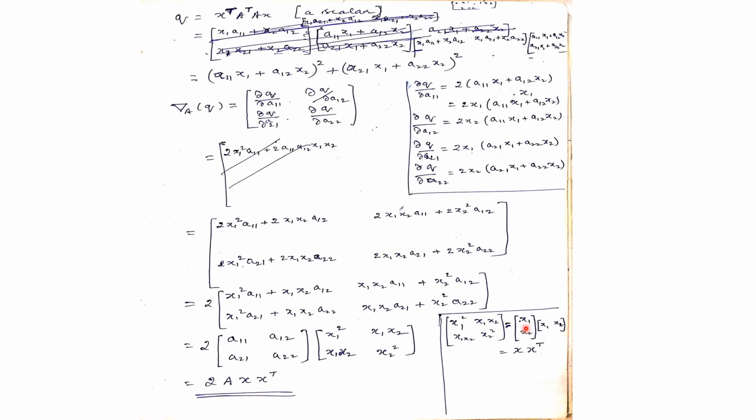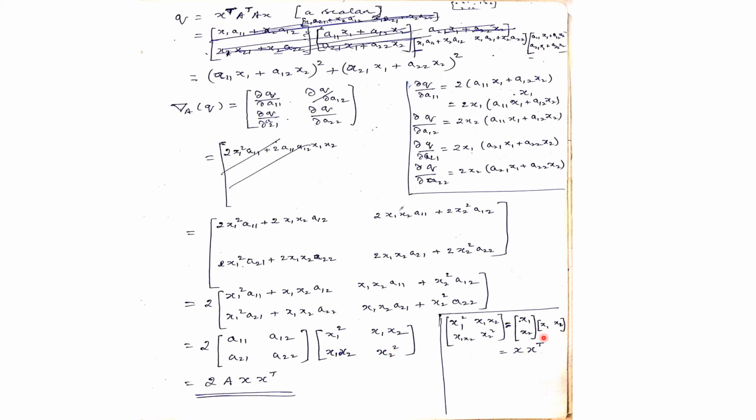That is x1, x2, which is nothing but a vector x, multiplied by x transpose, that is x1, x2. If you look at this, this is a column vector, a 2 by 1 matrix, and this is nothing but a row vector, and hence the product of these two turns out to be 2 by 2.